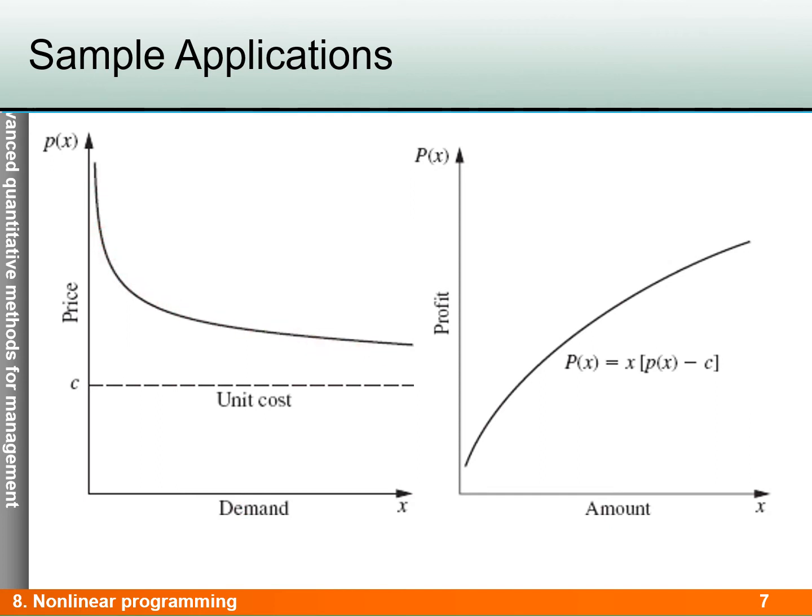And we just talked that the profit of the company, the firm, is the number of units produced multiplied by the price, minus the number of units produced multiplied by the unit cost that we talked about before.